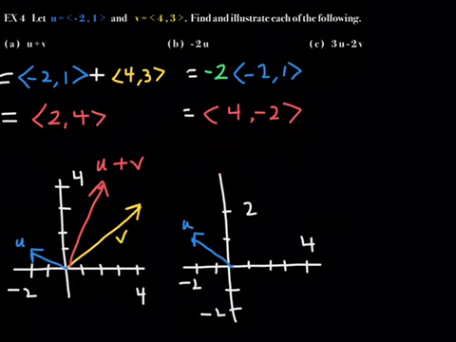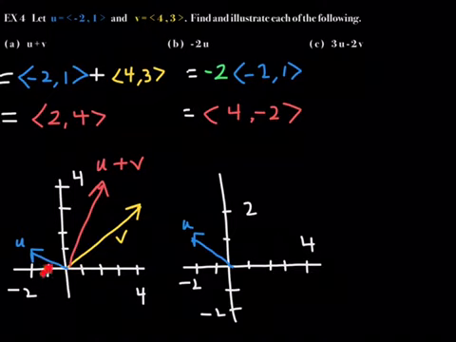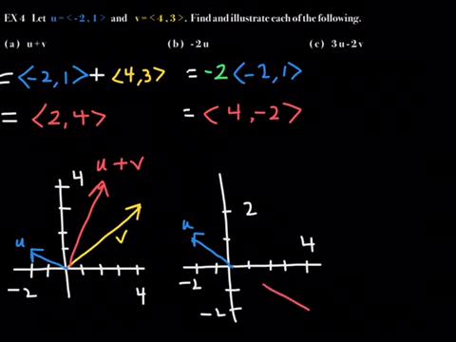To illustrate this, I already have vector u on the board. We plotted that last time. Now we want to get vector -2 times u, which terminates at coordinates 4, -2, which is about right here. So here is -2 times u. All right?